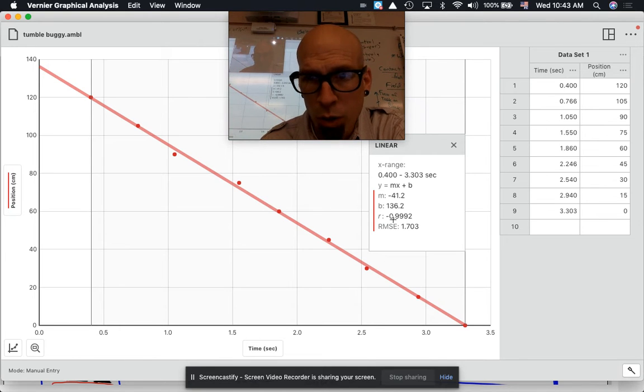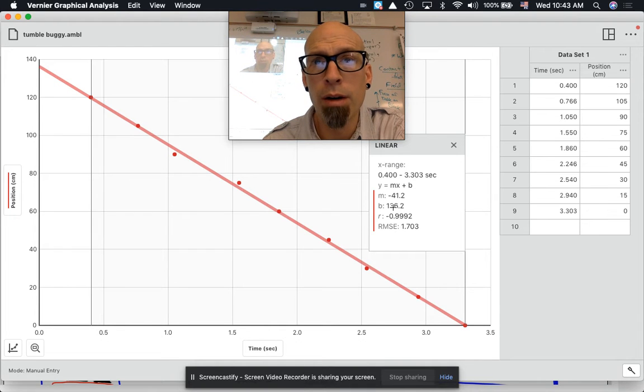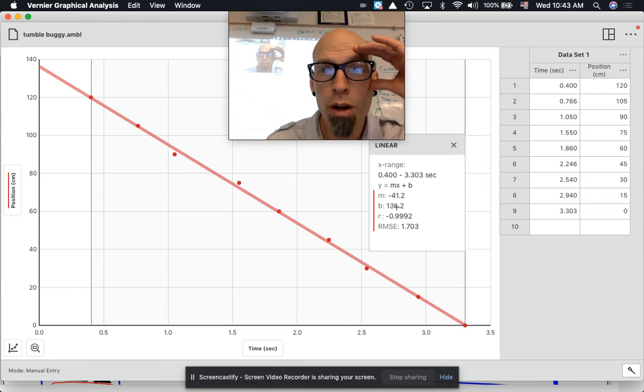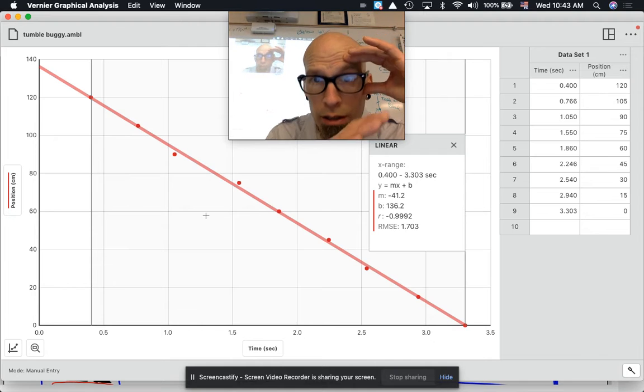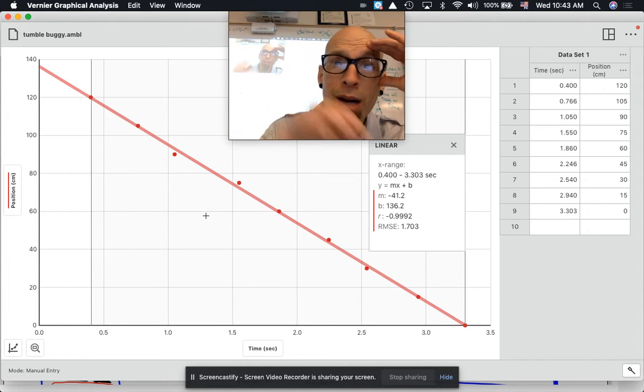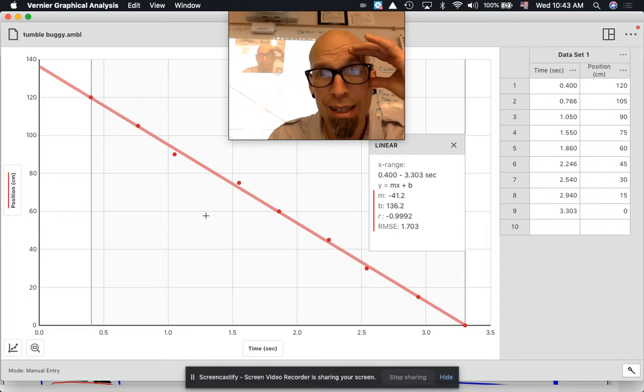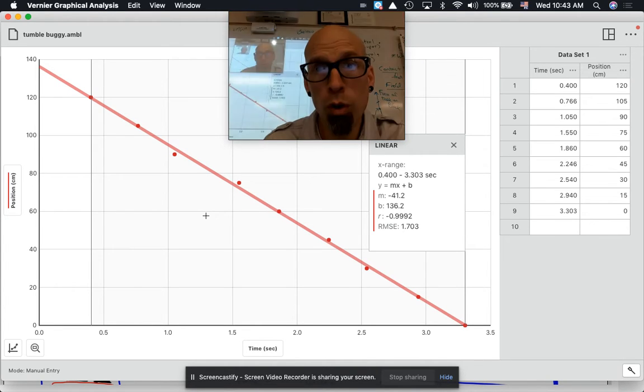It's 136.2 based on my graphical analysis, so a 136.2 centimeter y-intercept. I have a negative 41.2 slope. Clearly, this is a negative slope. So I hope you understand positive slopes versus negative slopes. This is not like yours. So what happened?